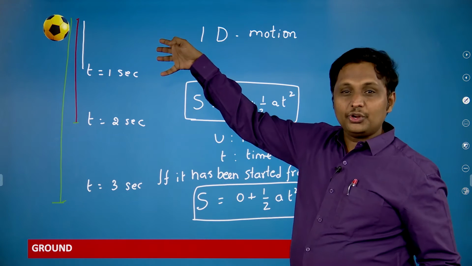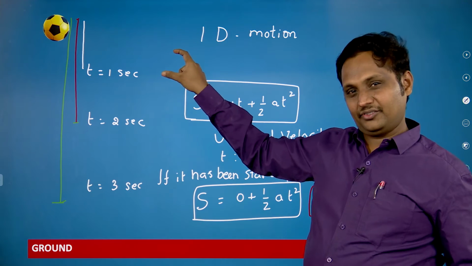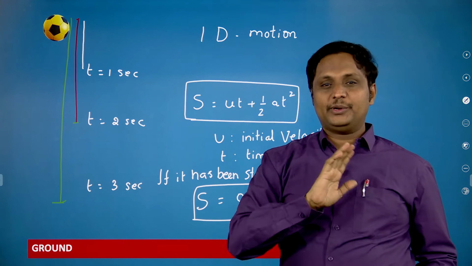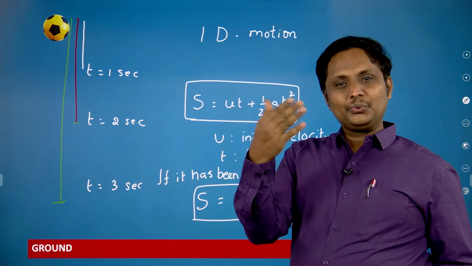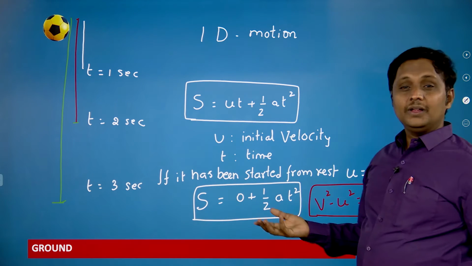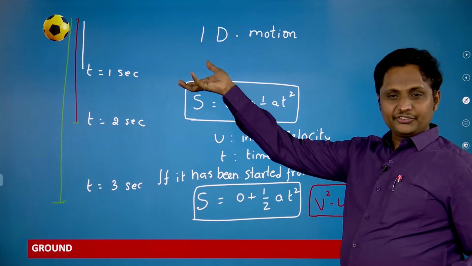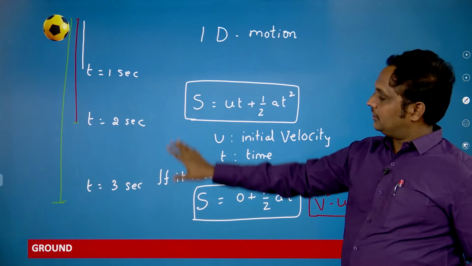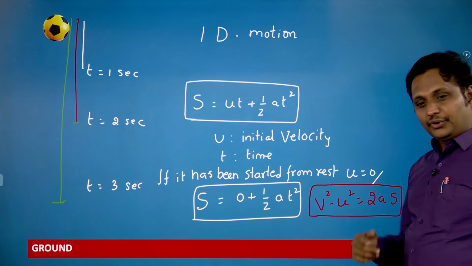In 1 second it has a vertical displacement, no doubt at all. If the time increases, let us assume time is 2 seconds, it covers a greater distance. At 3 seconds, it is going to be identified. We would like to go for this one.